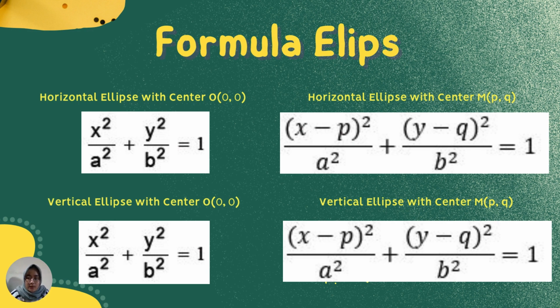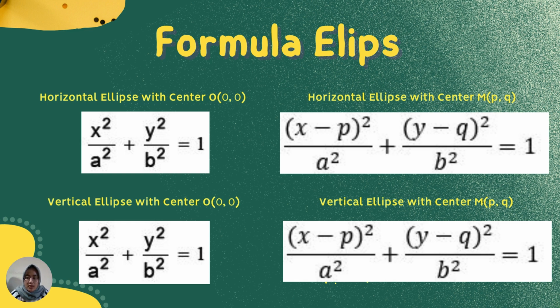On the slide, four ellipse formulas are presented: horizontal ellipse with center (0, 0), horizontal ellipse with center (p, q), vertical ellipse with center (0, 0), and vertical ellipse with center (p, q). For the horizontal ellipse with center (0, 0), the formula is x squared over a squared plus y squared over b squared equals 1.